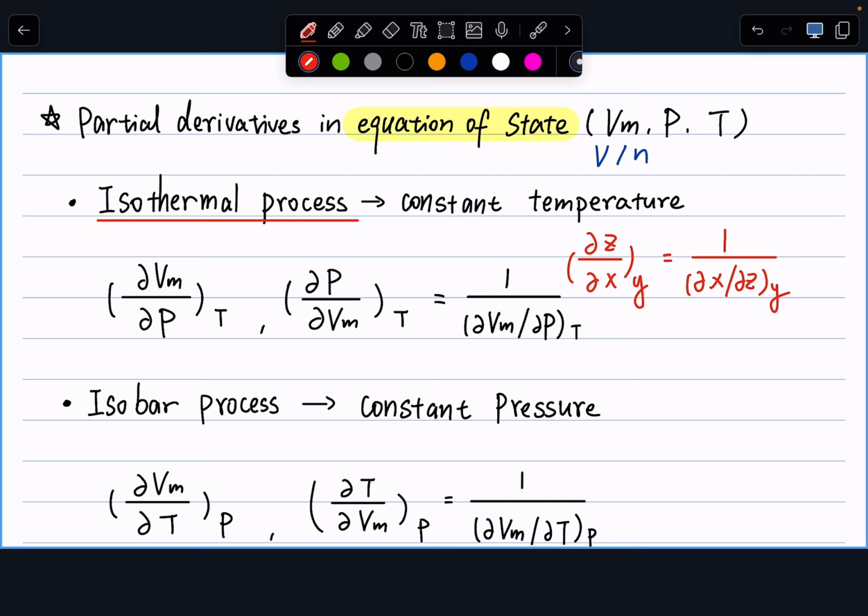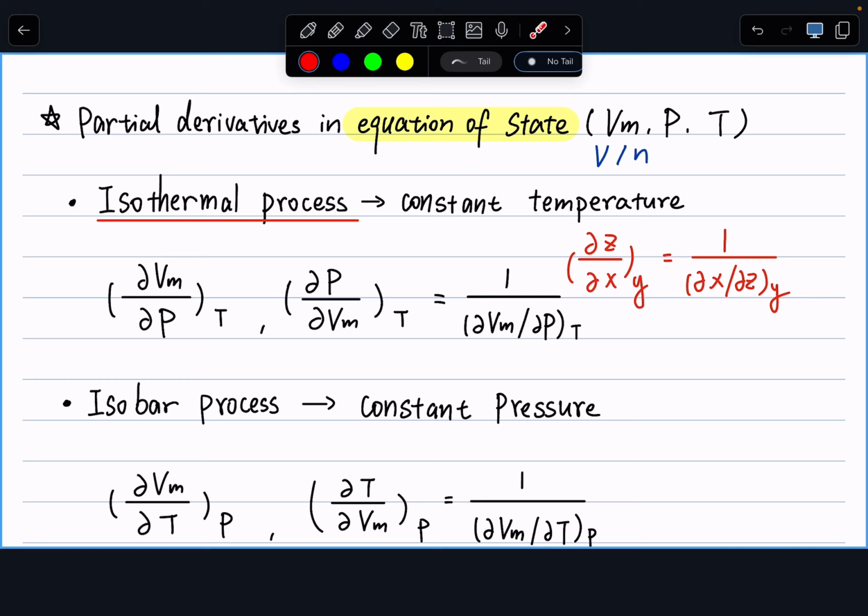Now we're just replacing x, y, z with P, V, or T. So these two are a pair of partial derivatives that are interconnected. It's also very straightforward to understand. If we have a PV diagram at constant temperature, it doesn't matter if I put the pressure on the y-axis or the x-axis. We're describing effectively the same relationship between pressure and volume at the same temperature. So these two are interconnected.